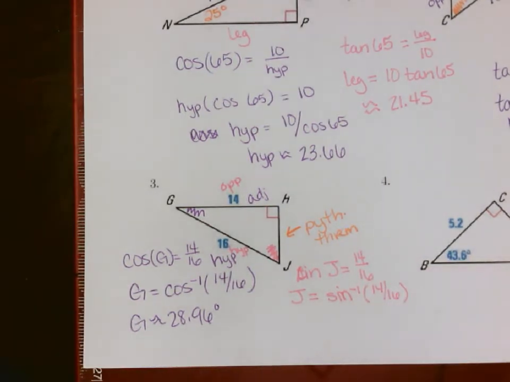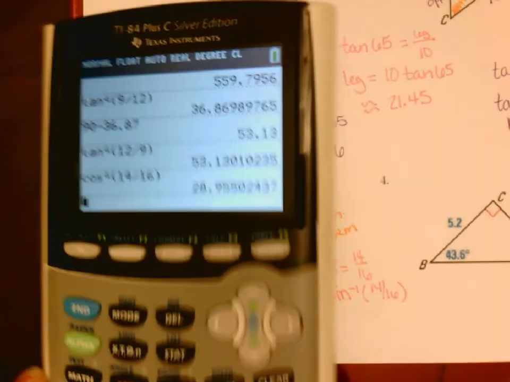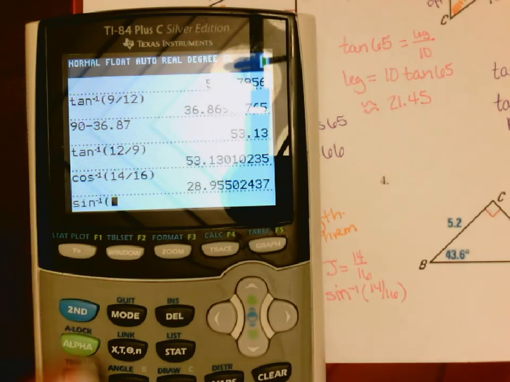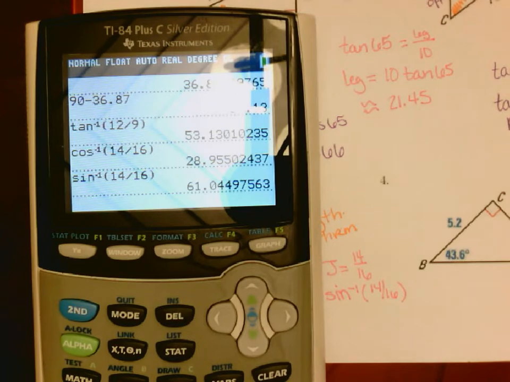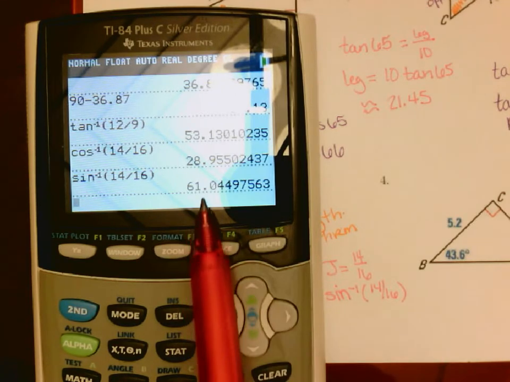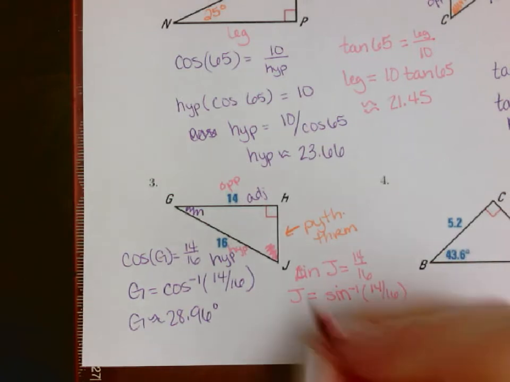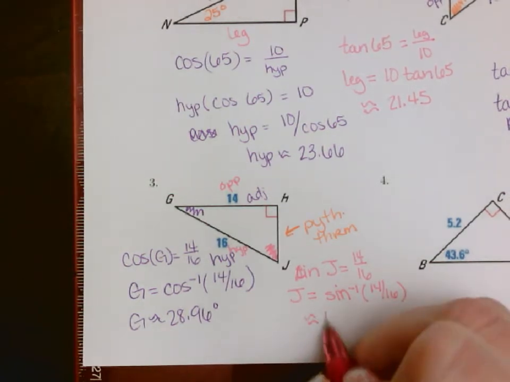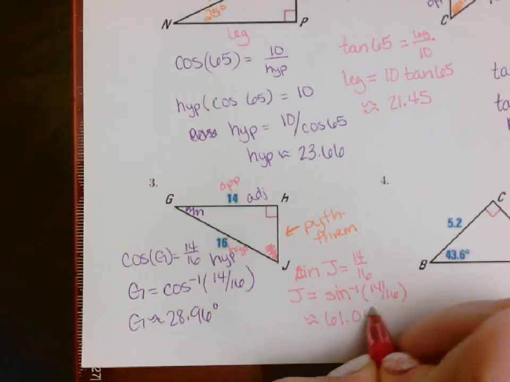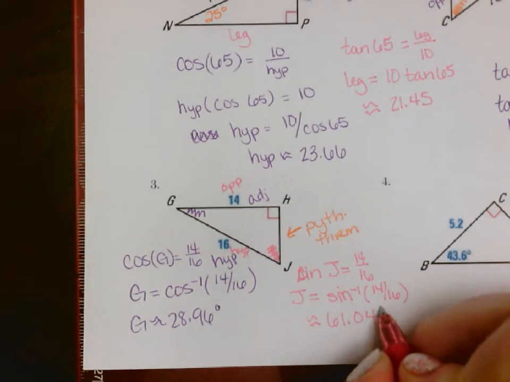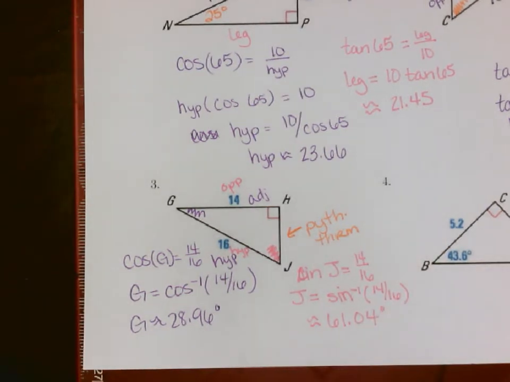So in my calculator, second sine 14 divided by 16, I get 61.04. So approximately 61.04, and if I add those two together, I would get 90 degrees.